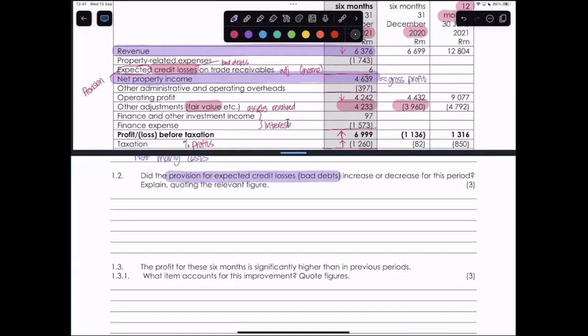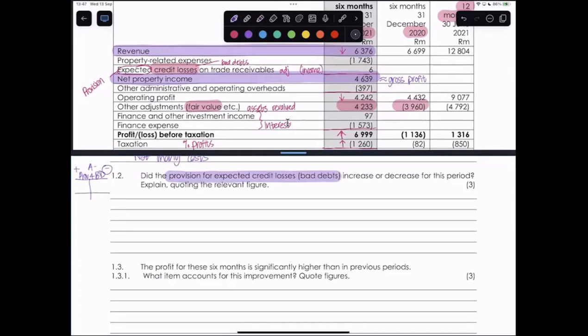Now we can see over here that the adjustment amount was a positive figure. If we look at the negative asset of the provision for bad debts, it's a negative asset, which would be plus minus, and you would work on the minus side.